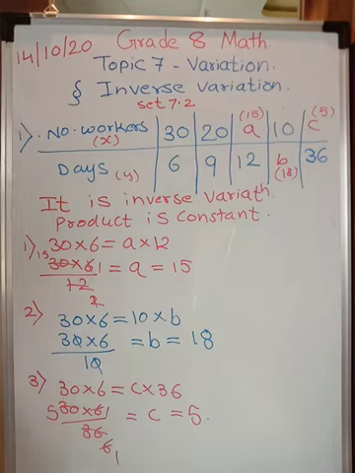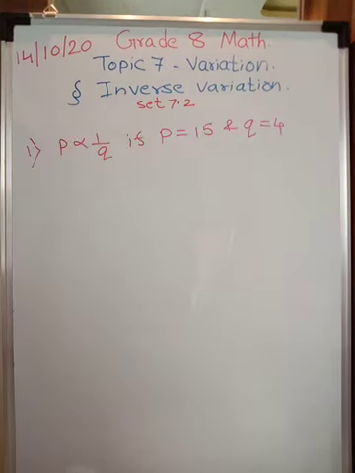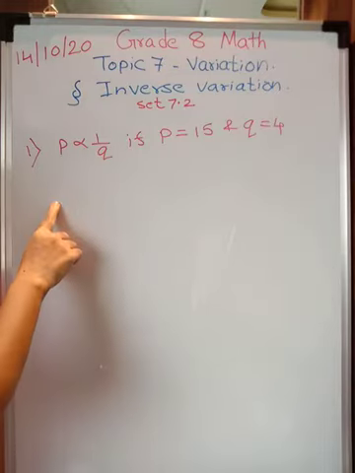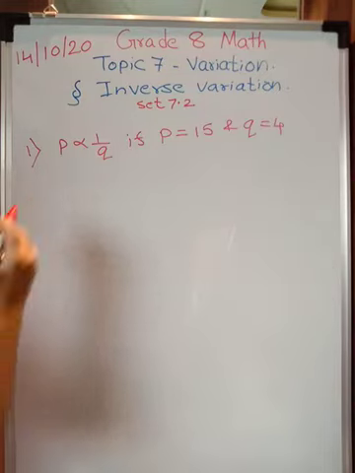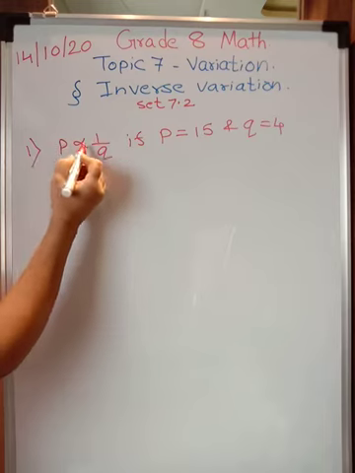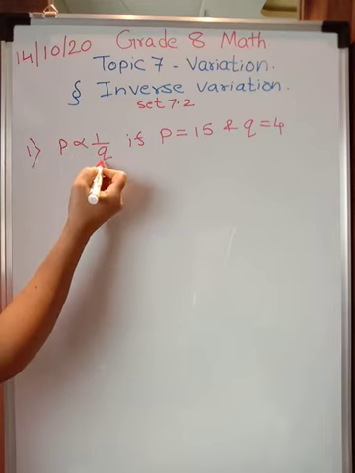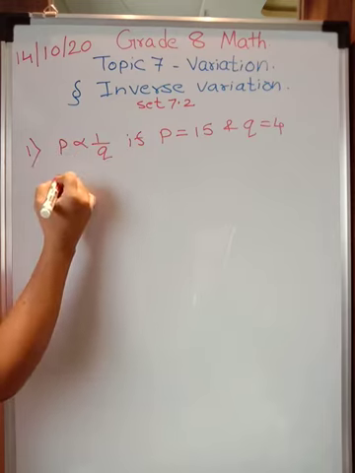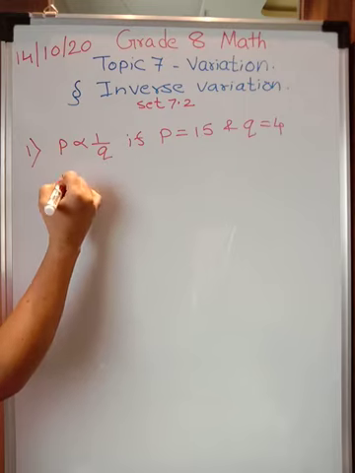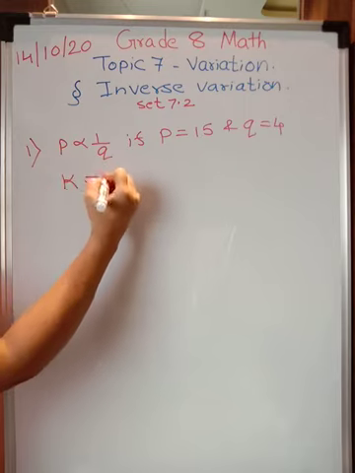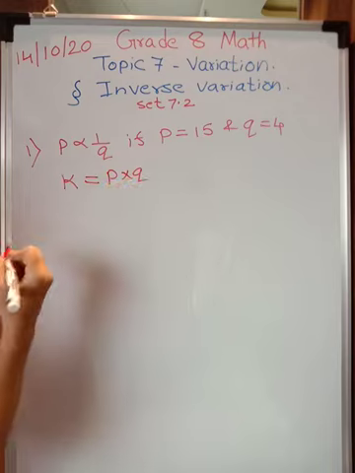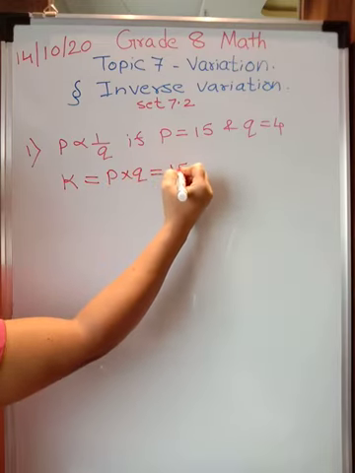Alright. Let's go for the next problem. Now question 2 says, first find the constant and then find the equation. Now looking at this, you know that P is inversely proportional to Q because it is 1 upon Q. Alright. So what is this constant K? K is product of P into Q. Yes or no? So what is P? 15 into 4.